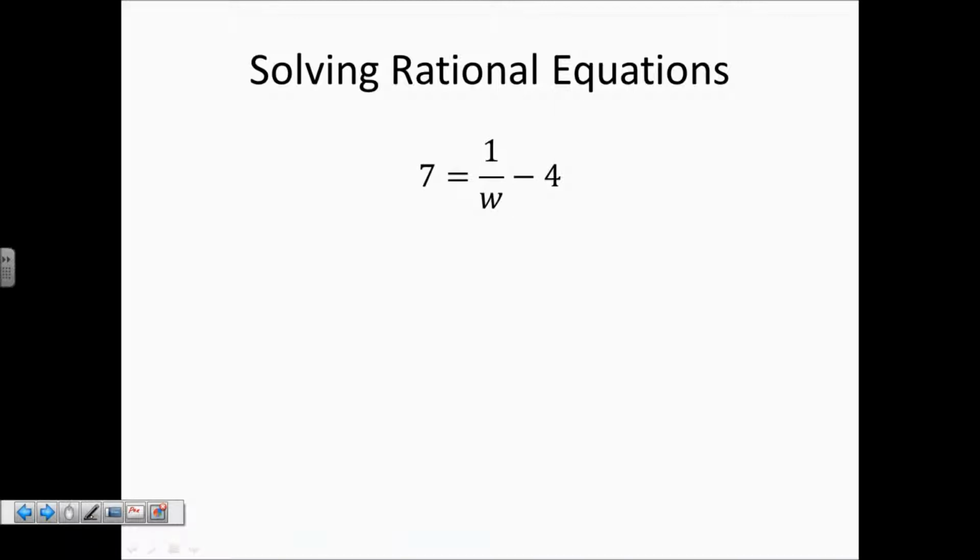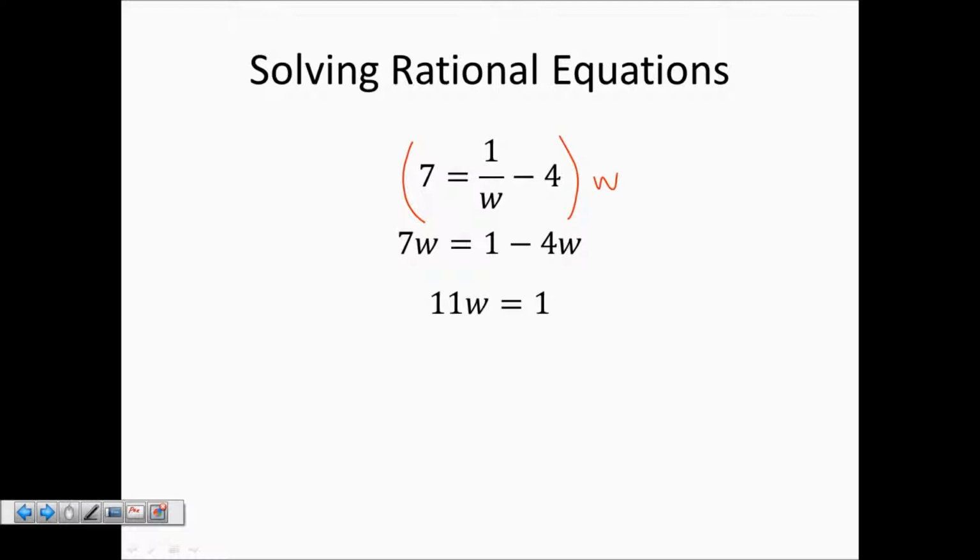And the way we're going to do that is we're going to multiply the whole equation by the denominator. So we're going to multiply the whole thing by our w. Now, when we do that, everything that has a w in the bottom, it's going to cancel out and we're just going to be left with the top of the fraction. Everything that doesn't have a w in the bottom is going to get multiplied by that w.